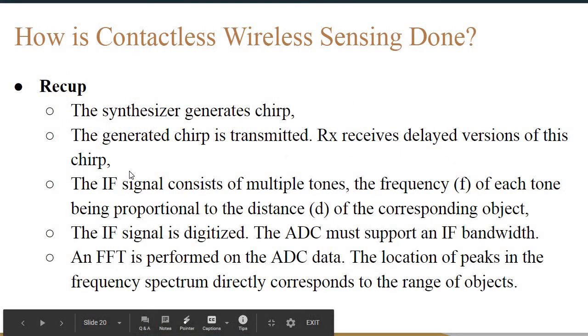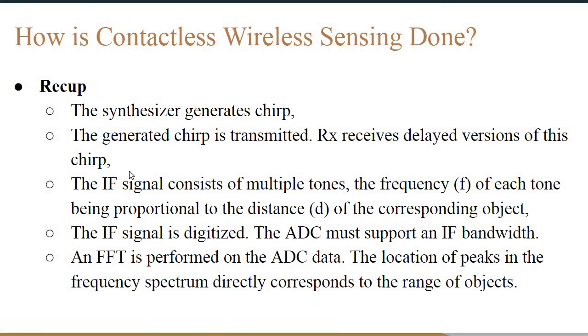To recap, we discussed that the synthesizer generates the chirp, and the generated chirp is transmitted. The RX, or the receiver, receives the delayed version of the chirp. The IF signal consists of multiple tones, the frequency f of each tone being proportional to the distance d of the corresponding object.